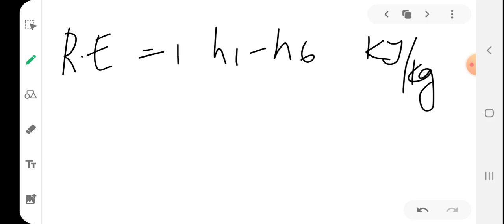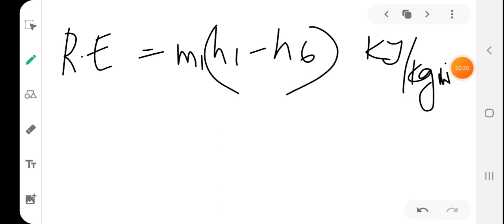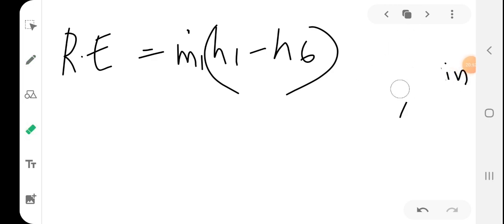If you multiply it with m1 dot, this is the mass flow rate, so the kilogram gets cancelled, and therefore it will become kilojoule per minute.